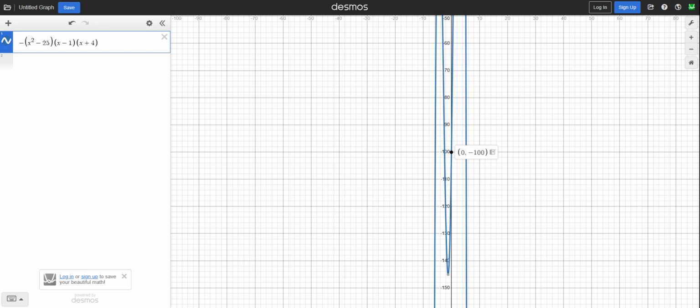Positive to the right. So it is odd and it is positive. So that one's sneaky. I like it.